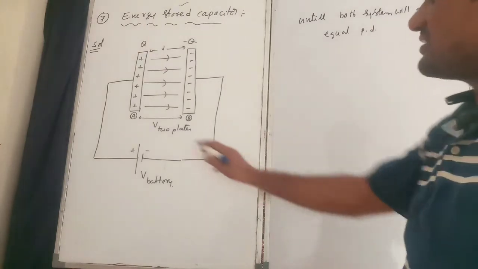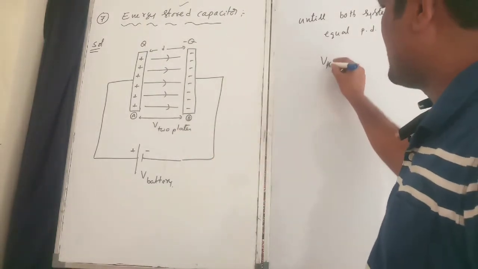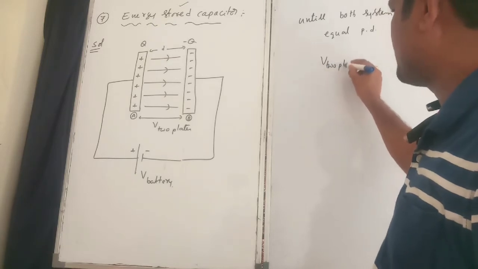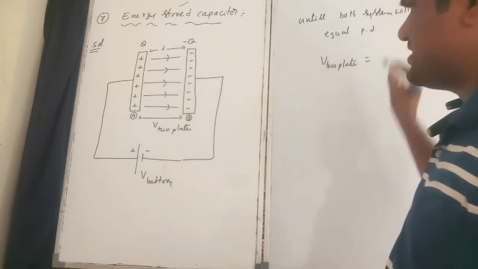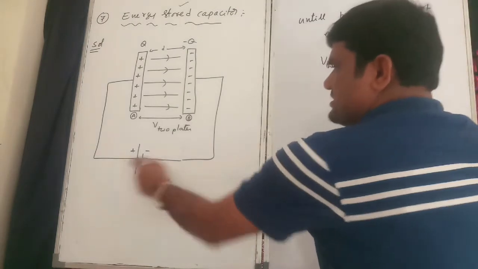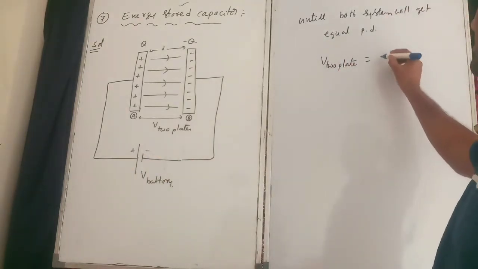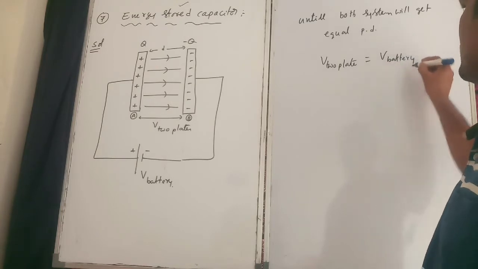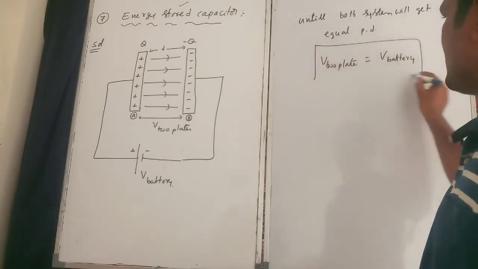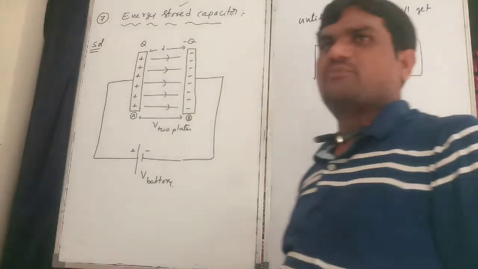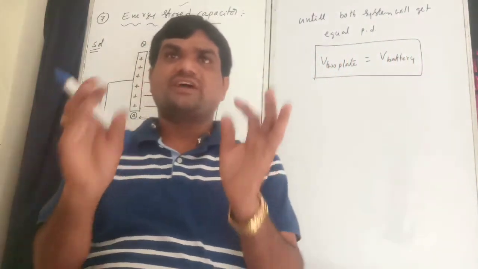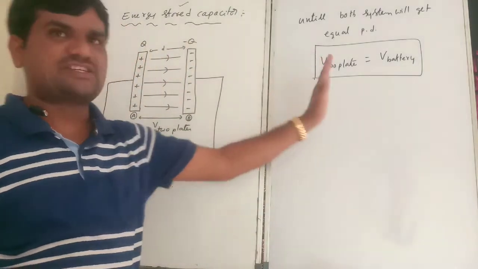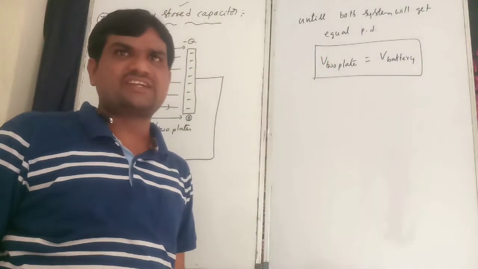That means the potential difference between the two plates is equal to the potential difference of the positive and negative terminals. So up to the potential of the battery, both will get equal potential. Up to there, the charge can transfer. Okay now?